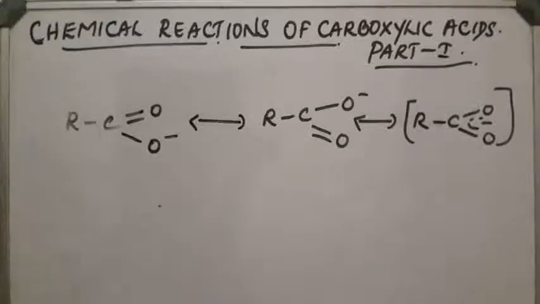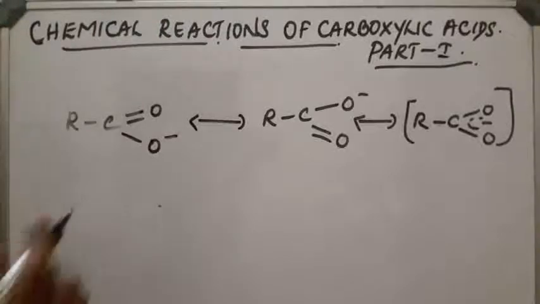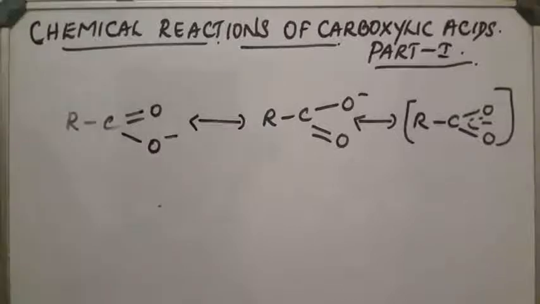Here we can see that the carbon atom present in the carboxylate ion is sp2 hybridized, and it forms sigma bonds with both oxygen atoms.